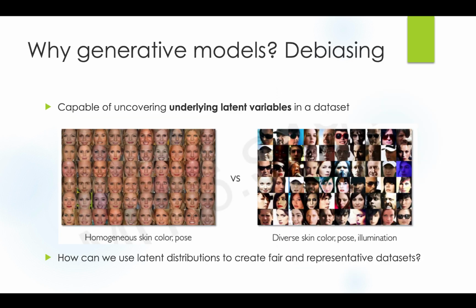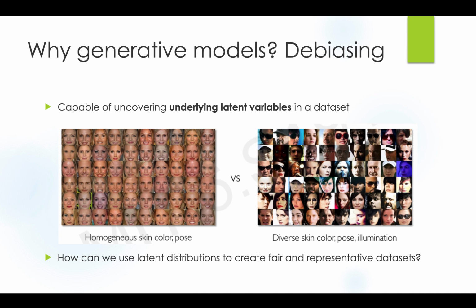All right, so remember what we said in the beginning of this class. Why do we want generative models? One possible reason would be debiasing of a data set. In this case, which is a very prominent issue this month, we have a data set of faces which might be predominantly in one skin tone. Now, the data set on the left is quite homogeneous, right?